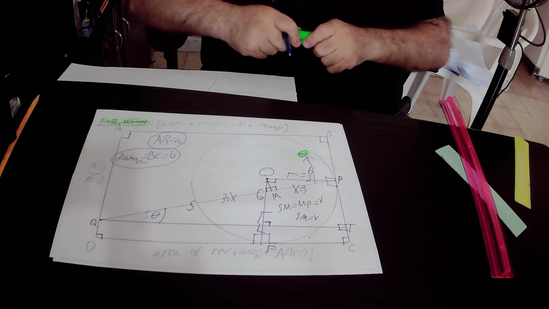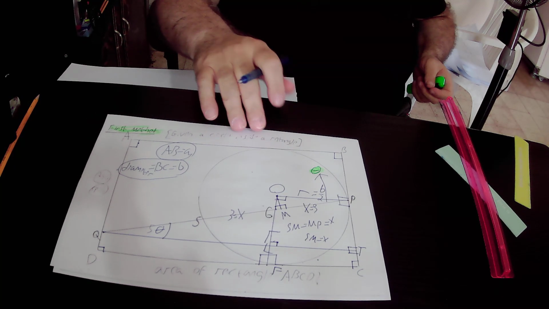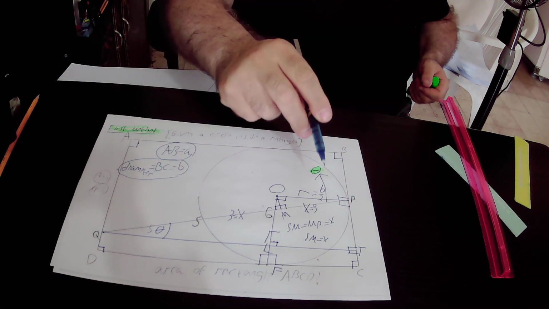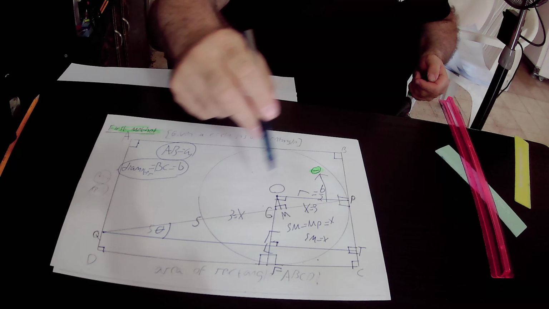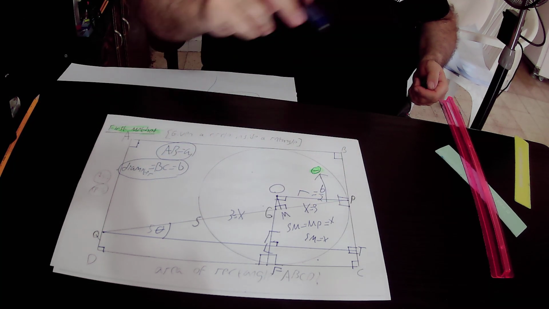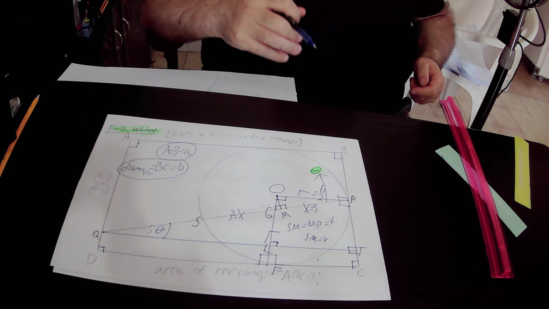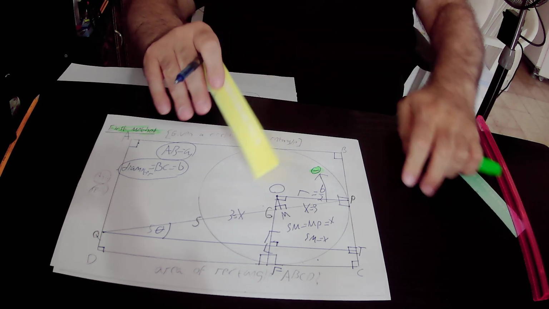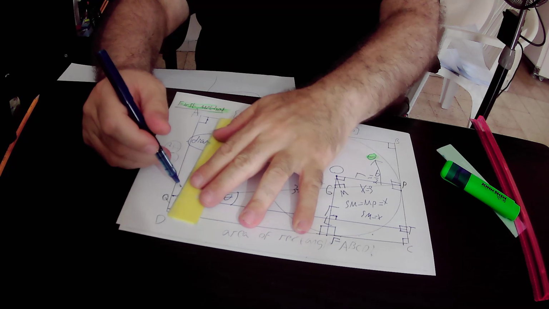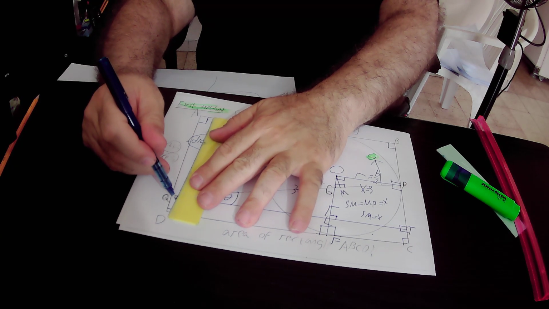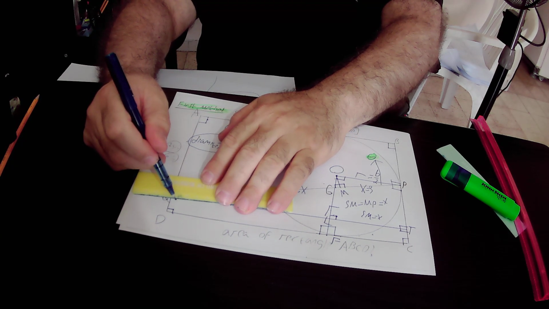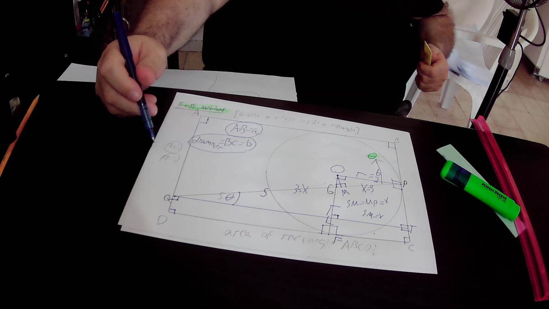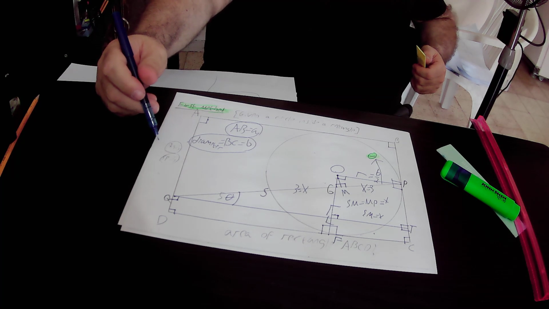In the next step, we'll focus on quadrilateral QDTC. In quadrilateral QDTC, we have 1, 2, 3 right angles. And any quadrilateral that has 3 right angles, the fourth angle must also be a right angle. So this is the fourth angle, it must be equal to 90 degrees. So quadrilateral QDTC has 4 right angles, therefore it is a rectangle.